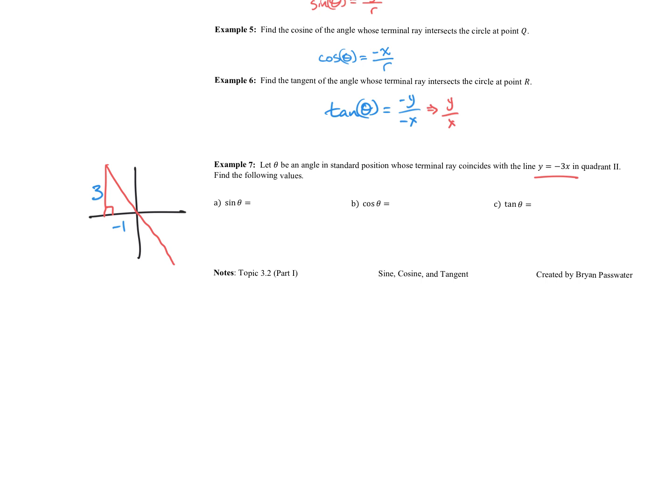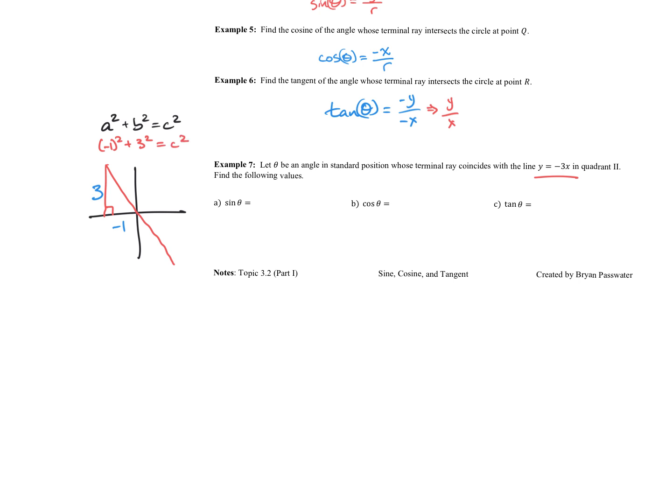All right, and so now I want to solve for my hypotenuse. How do you solve for a hypotenuse given a right triangle? A squared plus b squared is equal to c squared. All right, that crazy Greek dude Pythagoras. So now I have negative 1 squared plus 3 squared is equal to c squared.